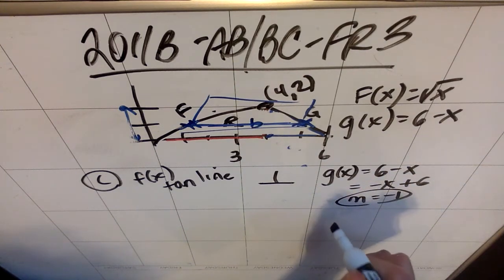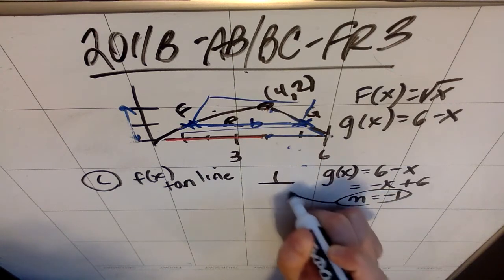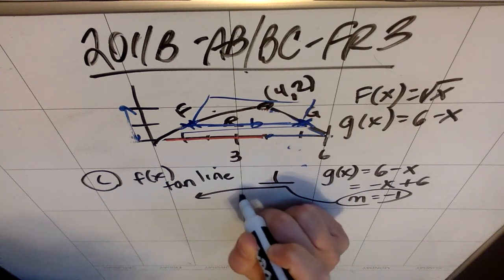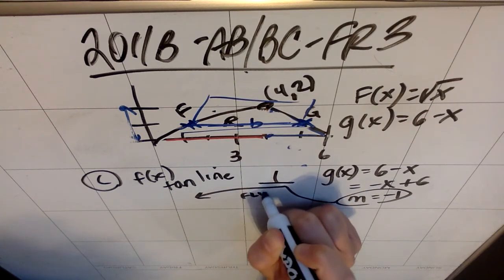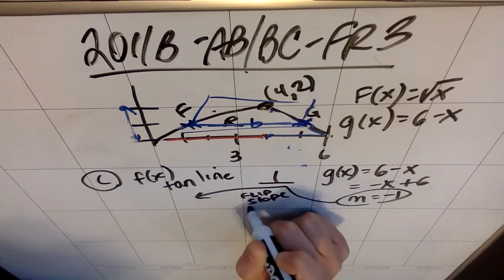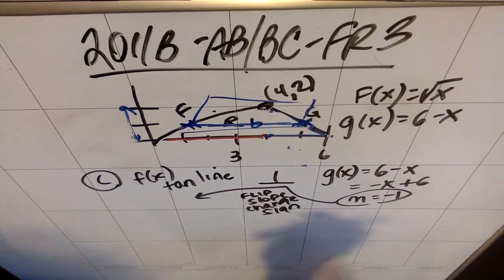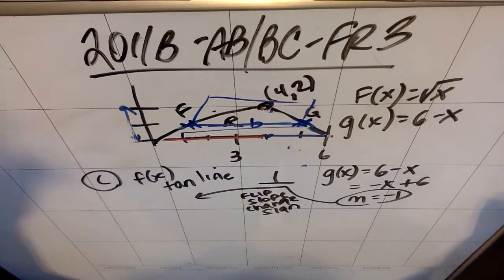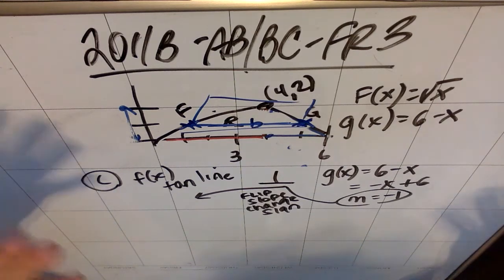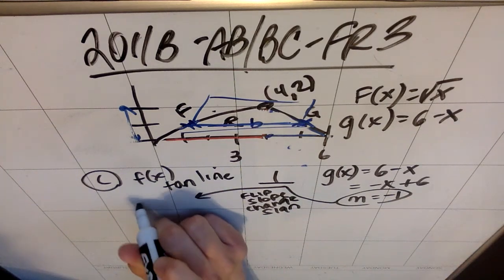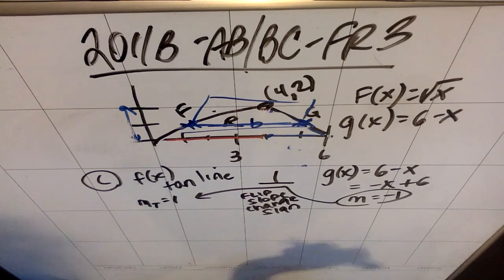The way I like to tell my students to remember it is that perpendicular means flip slope, change sign. So your slope should be the opposite reciprocal of negative 1. In this case, because of 1, the reciprocal thing doesn't do much, but it does become a positive 1. So what we're looking for is a tangent slope that is a positive 1.